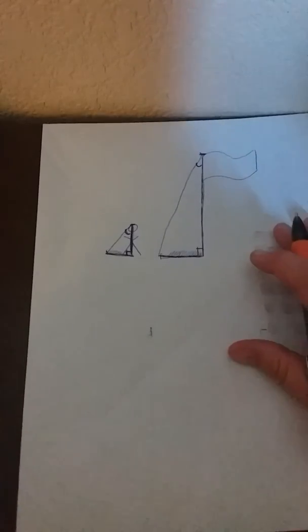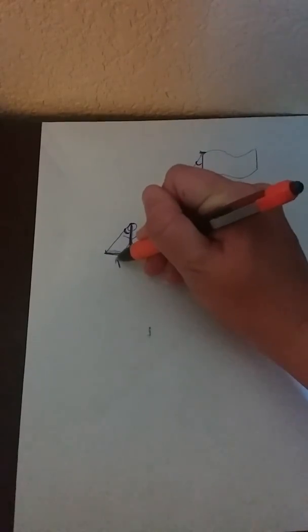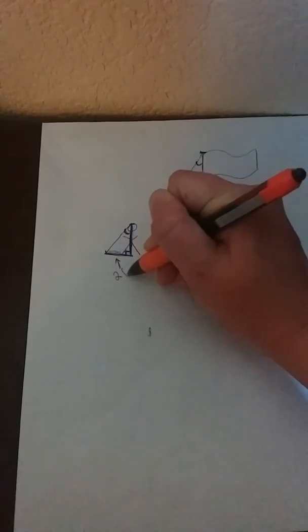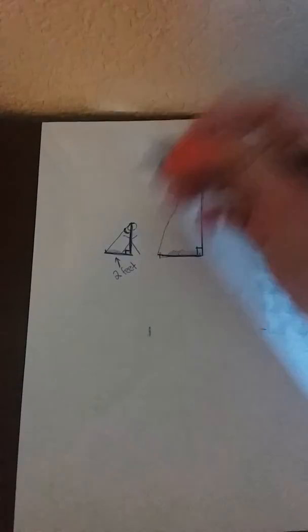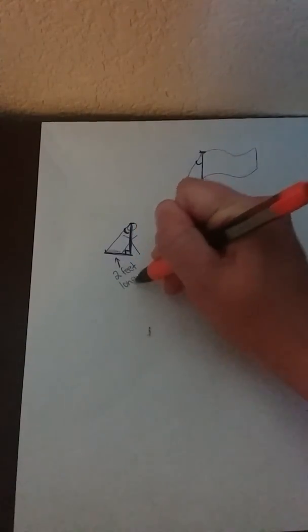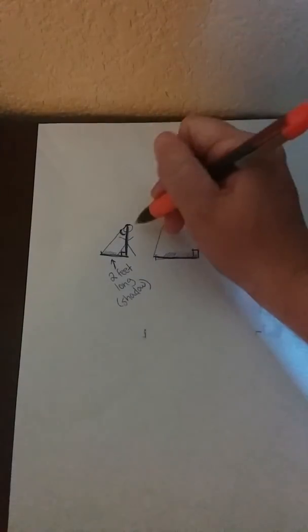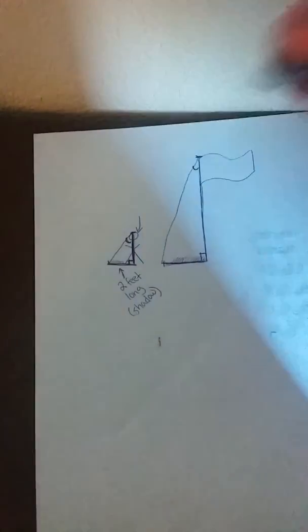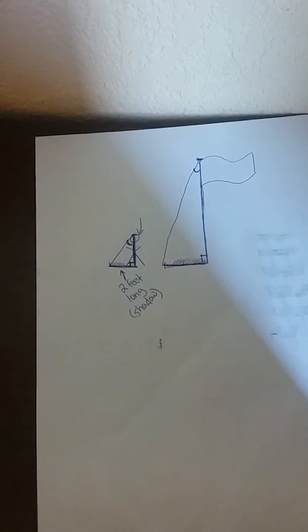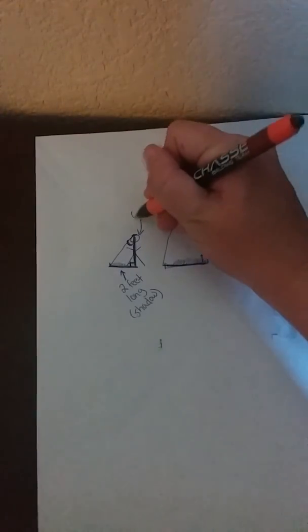Similar triangles are proportional. So let's say I measured this, and I found that this shadow here was 2 feet long. And let's say that this person here was, I don't know, let's say that person is 6 feet tall.